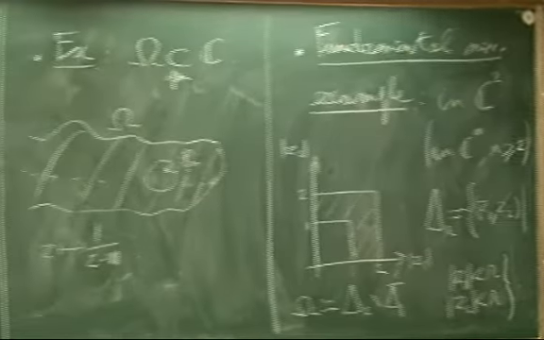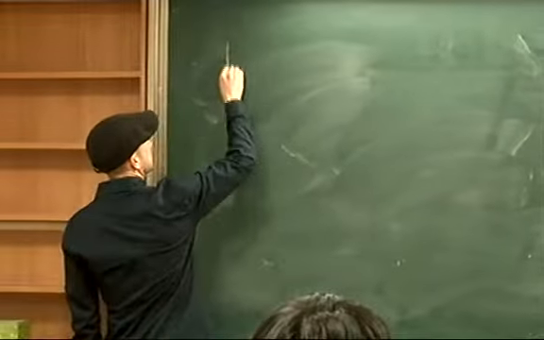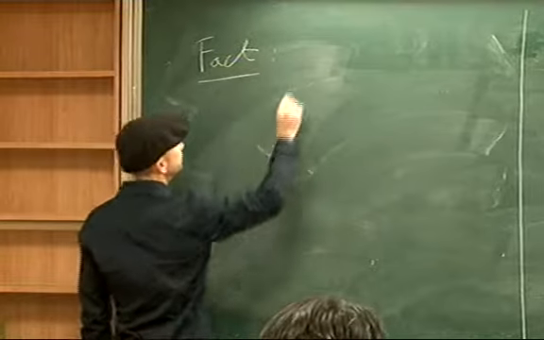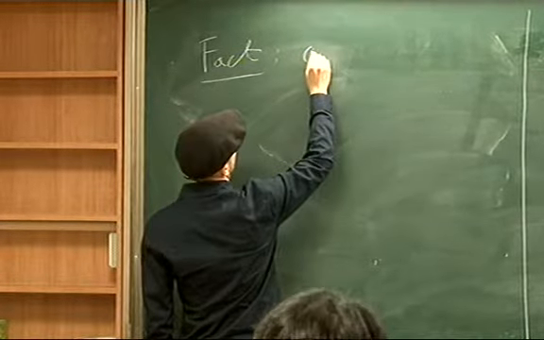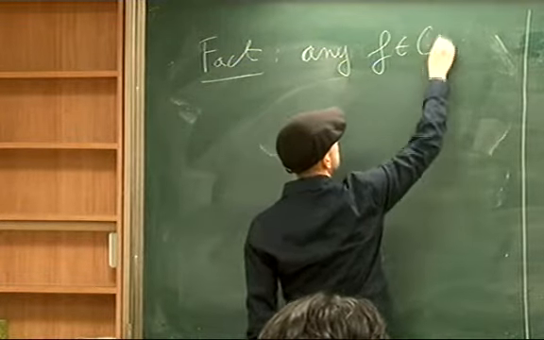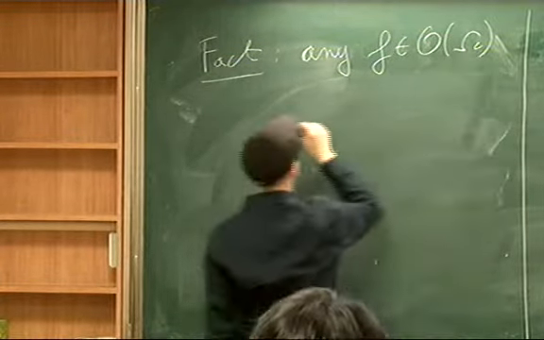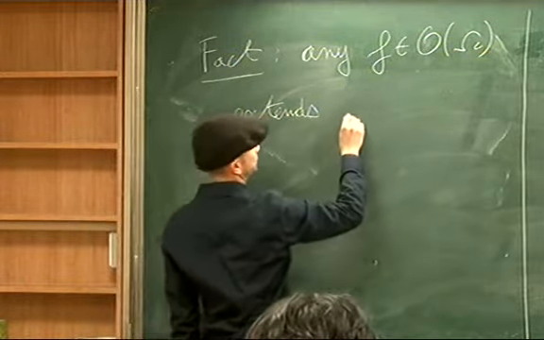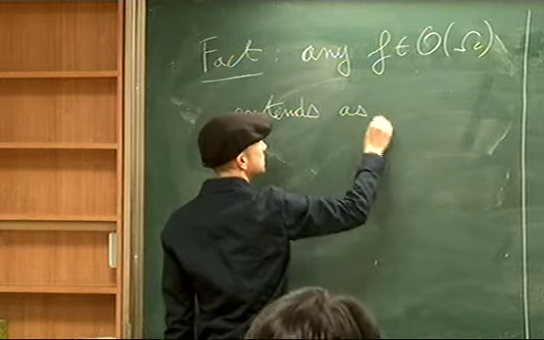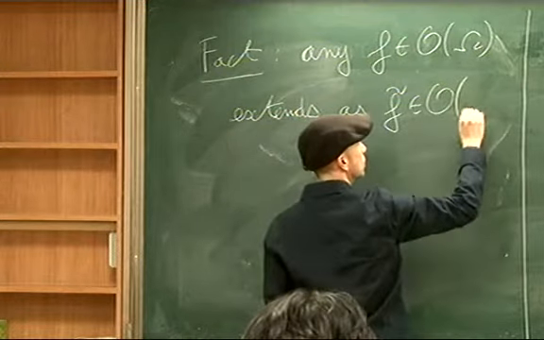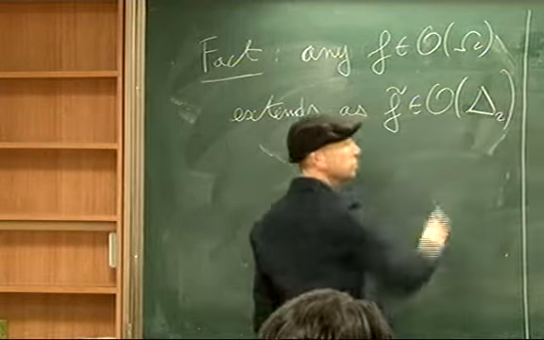And now something very, very special happens. This is a fact I'm going to prove quickly. Any function that is holomorphic on this omega extends as f holomorphic on all of the bigger polydisk.